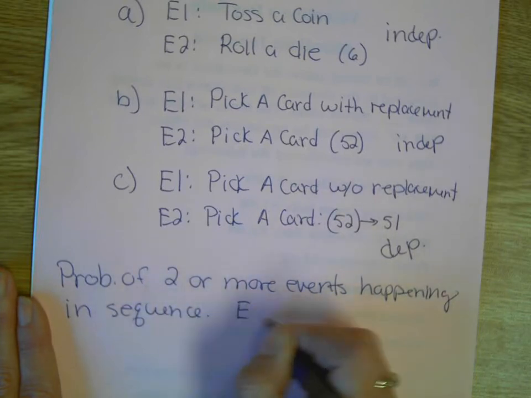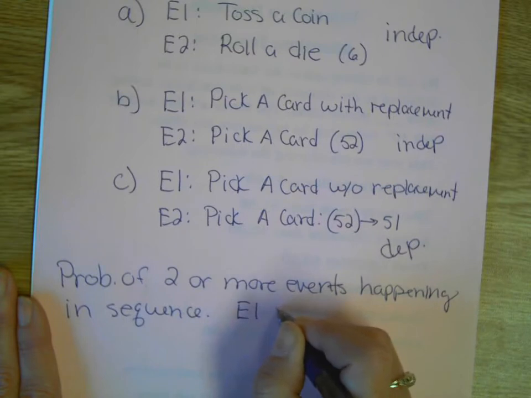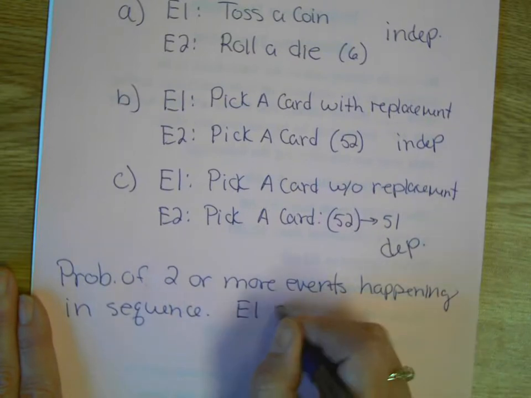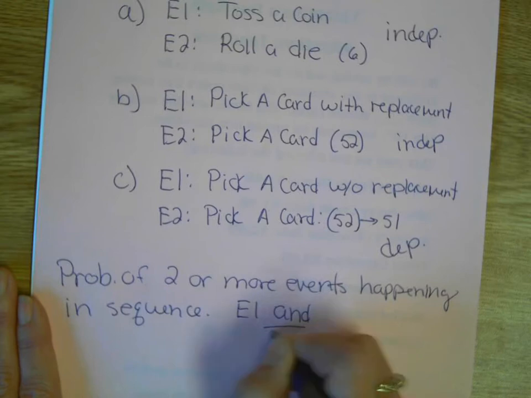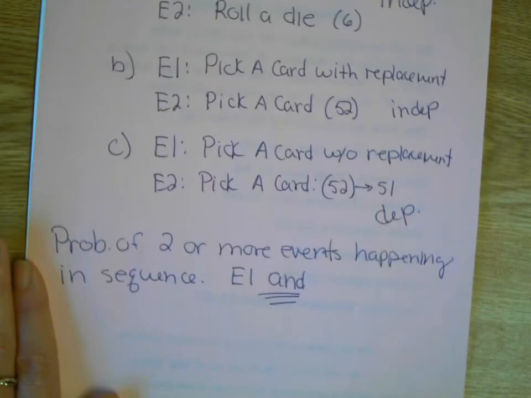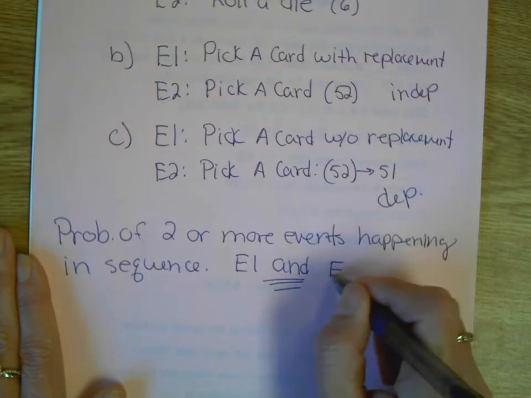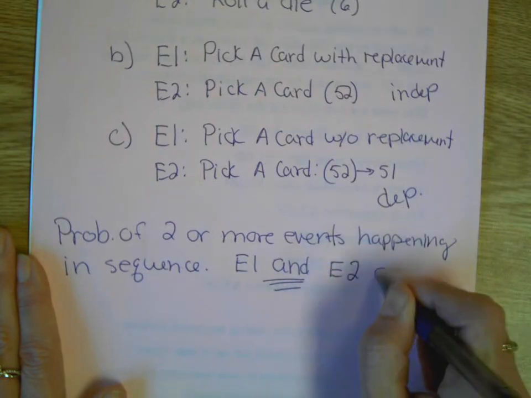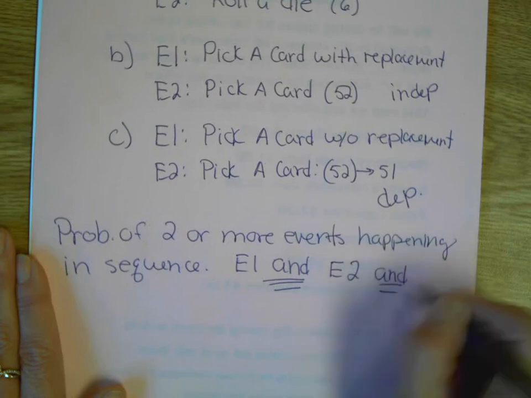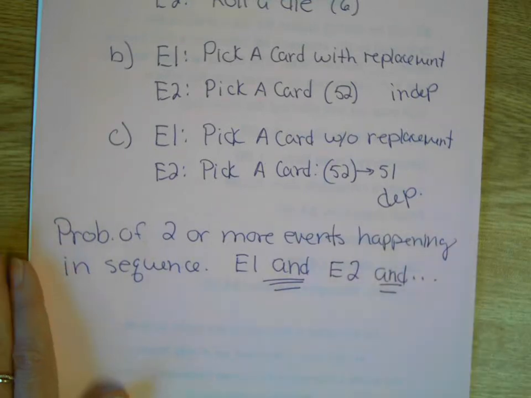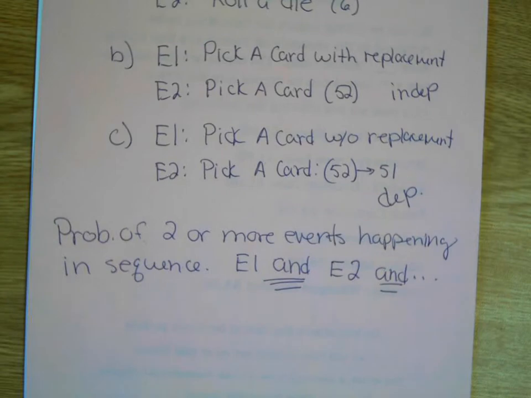So it's event 1 happening, followed by, so the connecting word is and, because we're going to do some ors in a couple days and the formula's going to change. Event 1 happening and event 2 happening. And you could have a third event, and events happening in succession.